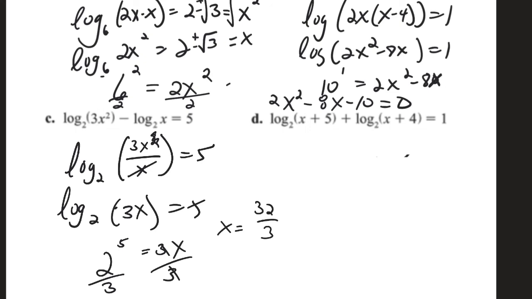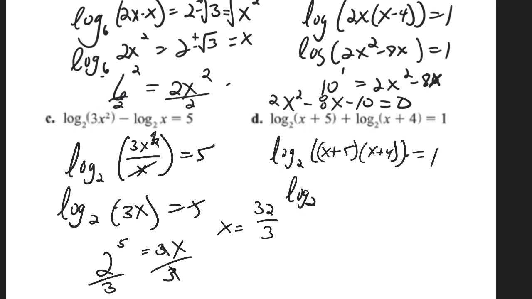Okay. This last question, again, is going to result in you having a quadratic, but we're still going to do it. Log base 2. I'm writing this as a single log. So x plus 5 times x plus 4 equals 1. Log base 2 of x squared plus 9x plus 20 equals 1.